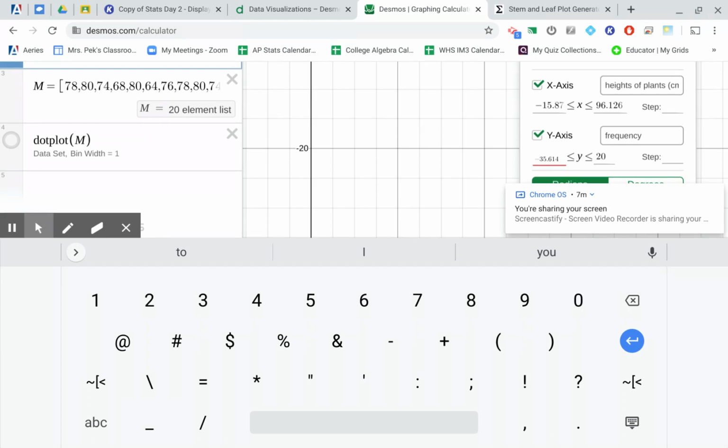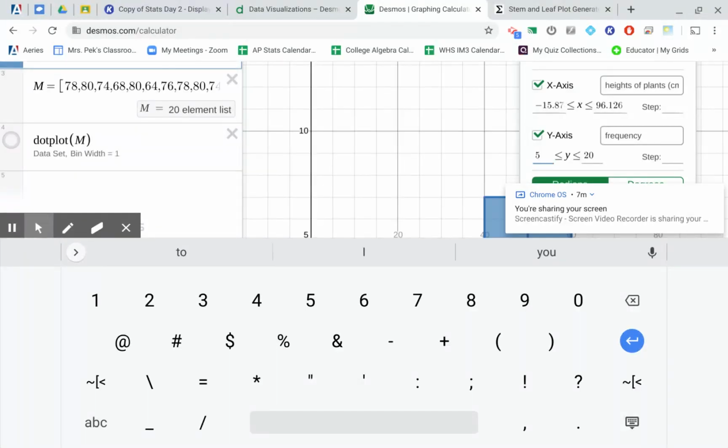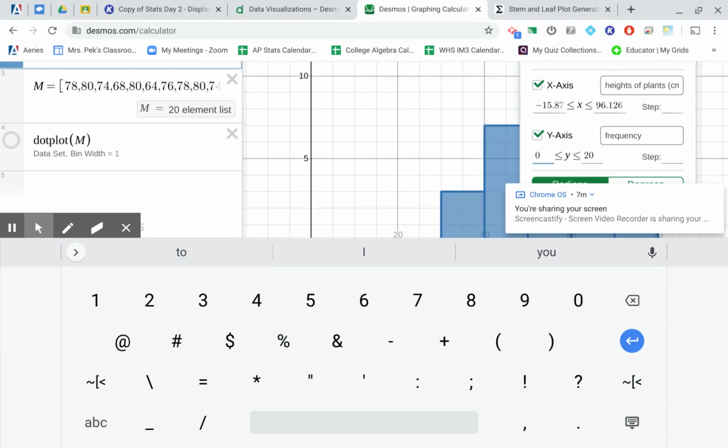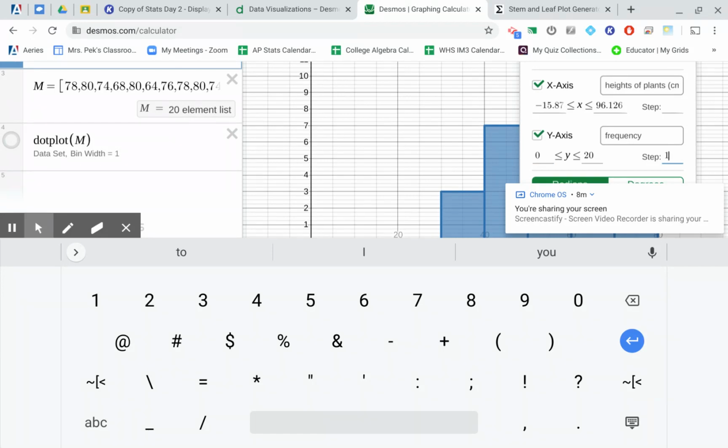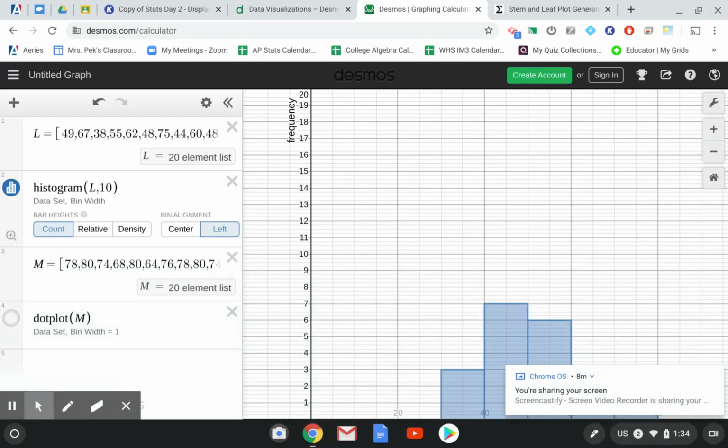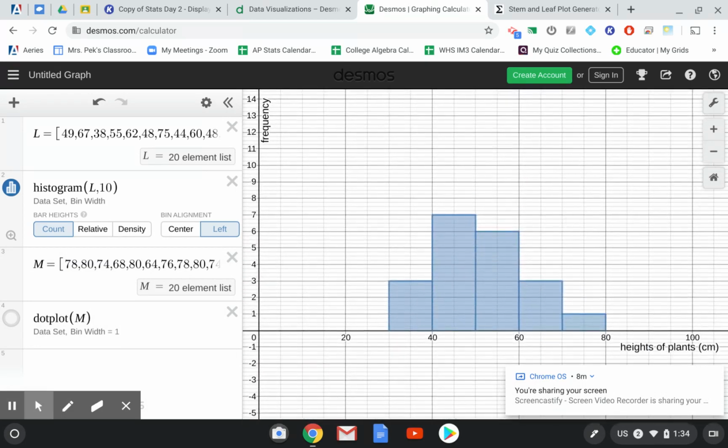We'll just say 0. Then the step, I can change so it steps at 1 so that I can see exactly how many I have in each one of my bins. Then I can readjust this graph so I can see the whole thing. So now I can really see what my values are.